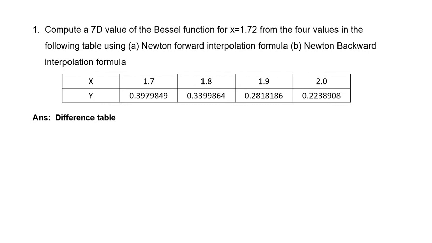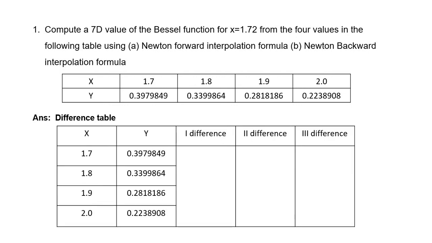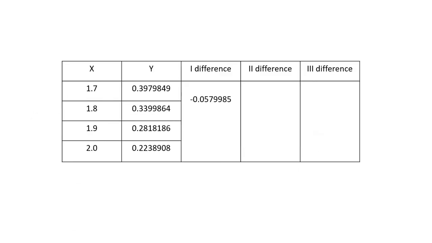Now let us construct the first difference table. If you have 4 different values, we will get 3 different columns for differences. First difference can be obtained, and we got this value by subtracting second term minus first term right in between these two values.